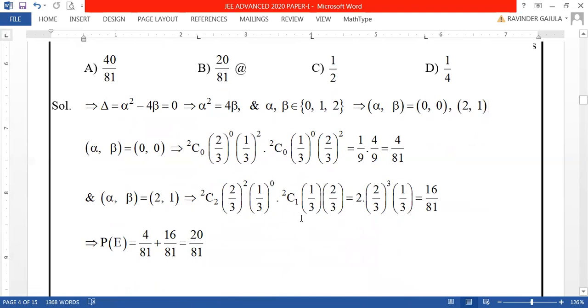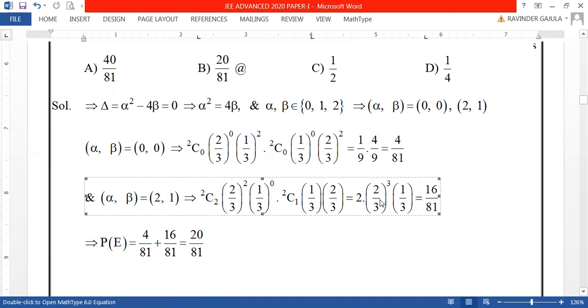Beta equal to 1, so that it is 2C1 (1/3)^1 (2/3)^1. So 2C2 is 1 into 4 by 9, and 2C1 is 2 into 2 by 9.